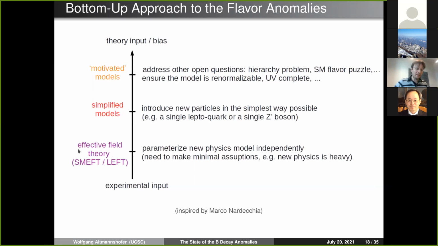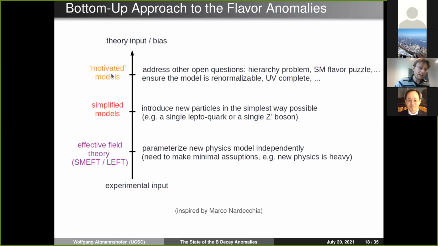And then based on these EFT studies, one can go on and construct simplified models. It introduces a set of new particles in the simplest possible way, so a minimal set of new particles, a minimal set of couplings, maybe a single leptoquark or a single Z prime gauge boson, trying to get into a situation where one actually has a UV picture where those effective field theory operators could come from.